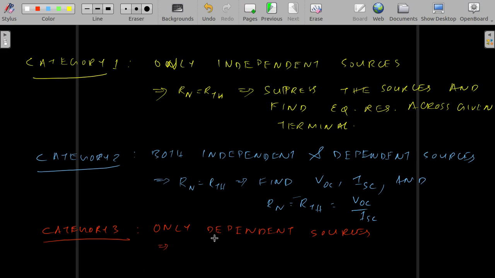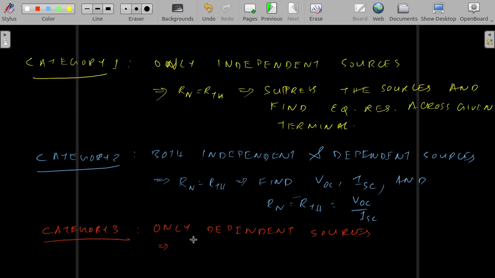The thing with dependent sources is that it is a voltage controlled or current controlled source, and for it to act we need to energize it somehow, and only if we energize the dependent source will we identify what response it has.